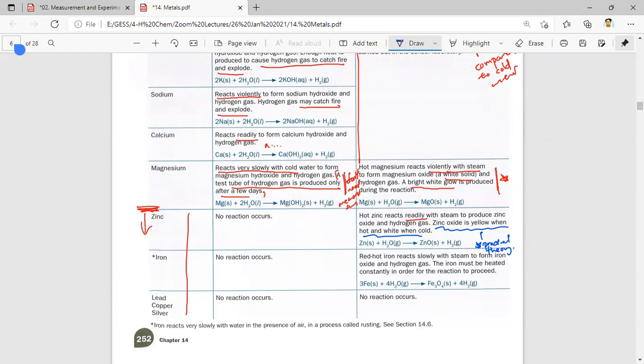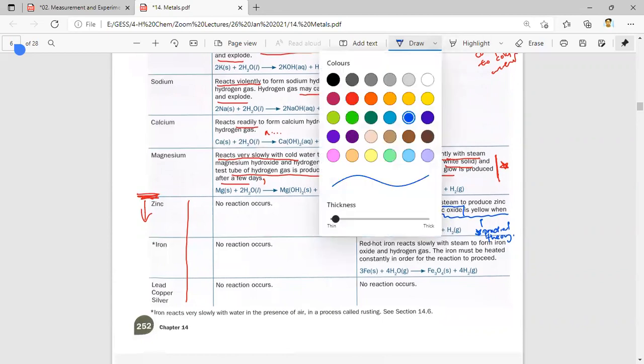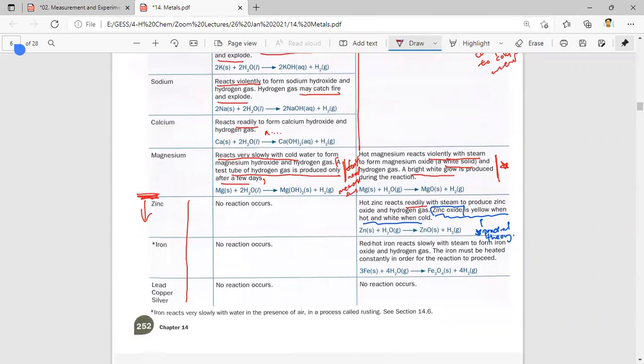In practical, if you're able to observe this, it's bonus points because it is a very signature characteristic of zinc oxide. So zinc oxide, take note of it. Next one, iron. Iron actually reacts with steam, but you can see it reacts slowly with steam.